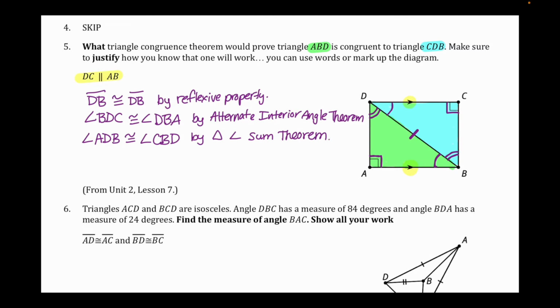And I'm actually going to use a very short form of therefore, which is three dots in a triangle pattern. This is the shorthand for saying therefore. So I can say therefore triangle ABD is congruent to triangle CDB by, and this is now using angle side angle.